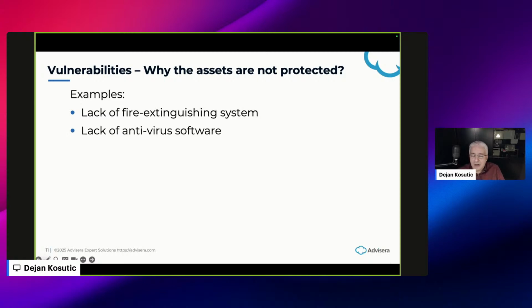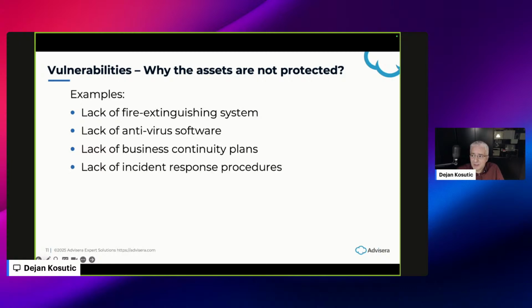Okay, lack of antivirus software. This is related to a software or database or these kind of assets. A lack of business continuity plans. This could be related to physical assets, again, like your buildings. So if you have a physical infrastructure, the vulnerability could be that you are not prepared, you don't have any plans on how to react in case of some kind of disaster.